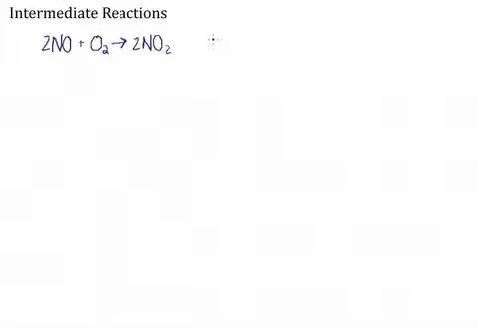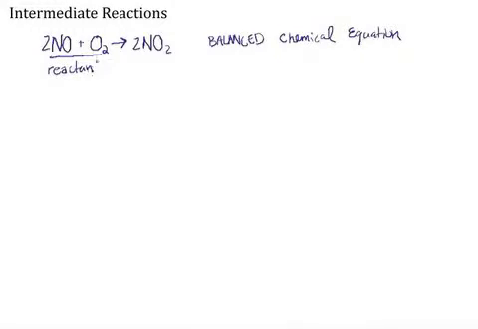So this is a pretty standard balanced chemical equation. We're familiar with these, where here we have our reactants, and here we have our products.